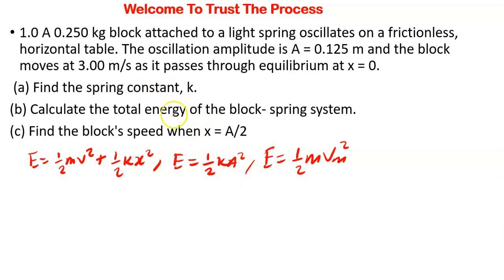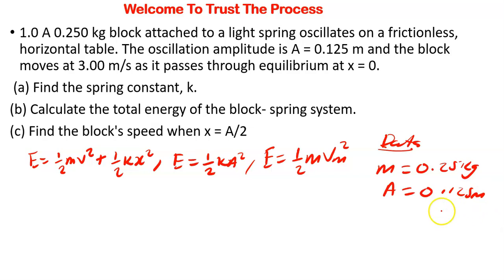So, when you are solving this question, if we do the data collection, we've been given the mass, which is 0.25 kg. Then we've also been given the amplitude, the oscillation amplitude, which is 0.125 meters.